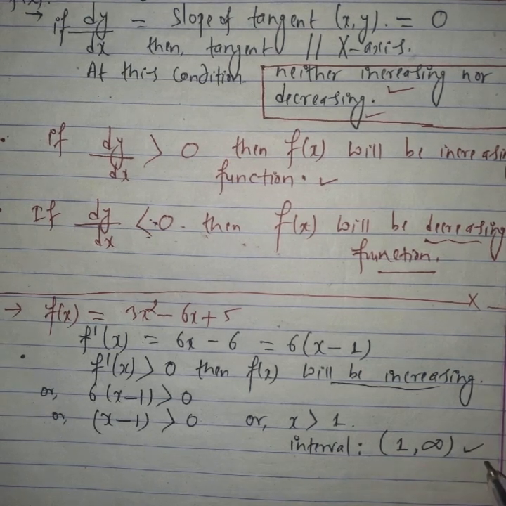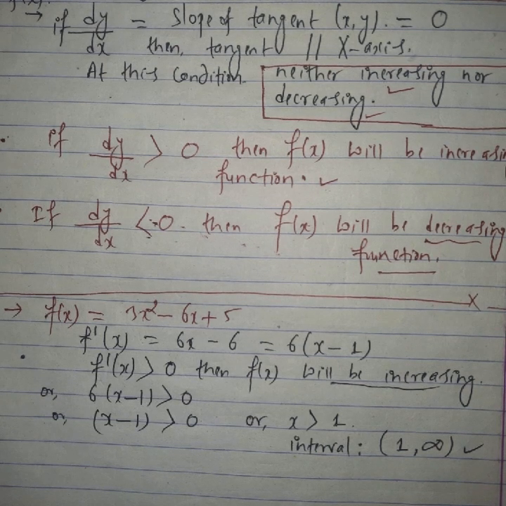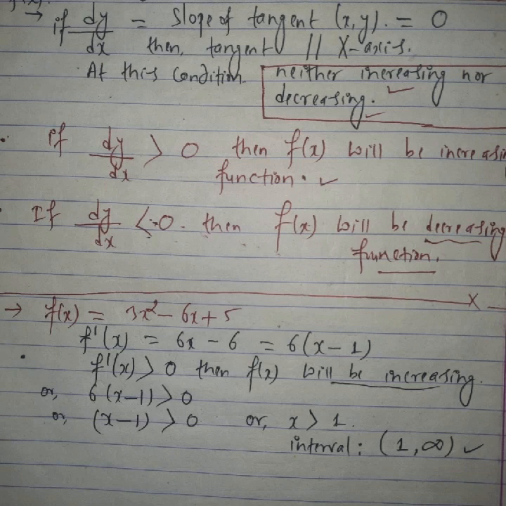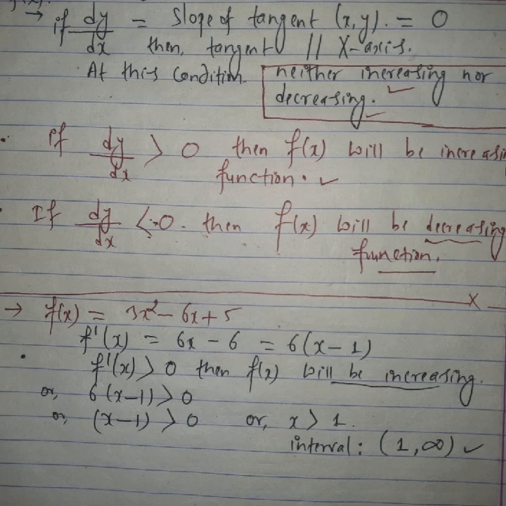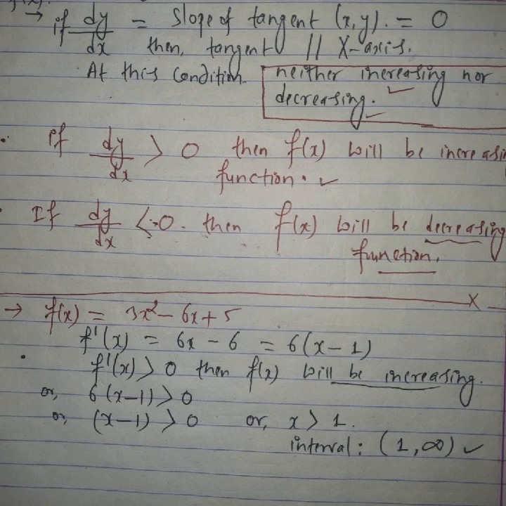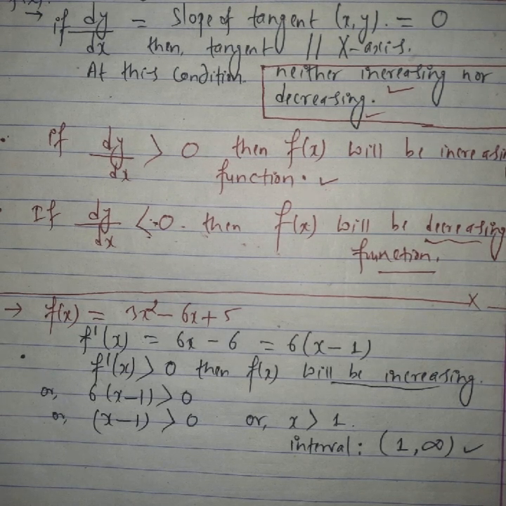This interval is for the function increasing. In the interval between 1 and infinity, the function will be increasing. We can take any point in that interval, and at that point the function will be increasing. This is the interval for the increasing function f of x.